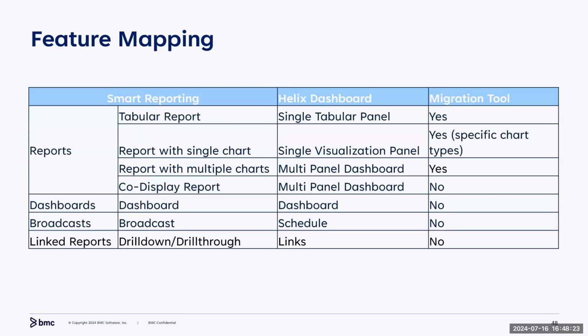The main reason is that the two platforms are very different. They have their own different way of visualizations, and so some of them may not be present in the Helix dashboard. We'll talk about that later in the session, how we handle these kinds of visualizations. Next slide, please.